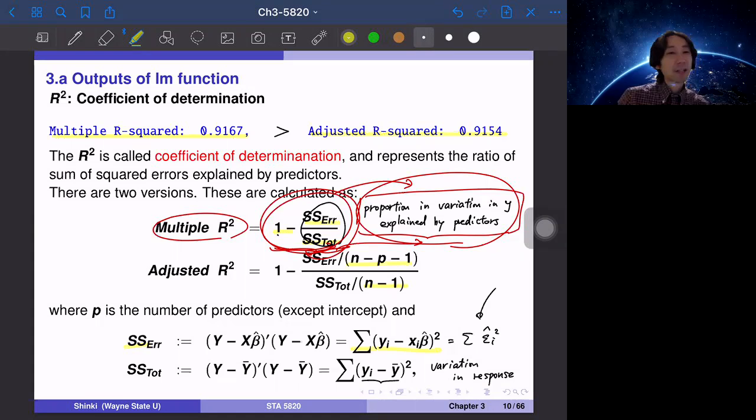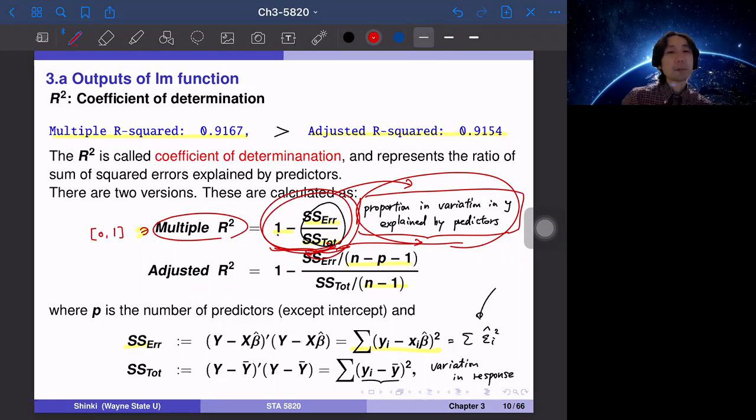Do you have any experience of adjusted R square being negative? At first, the multiple R square is the proportion of variation explained by predictors, so that is always between 0 and 1, maybe the closed interval 0 to 1. How about adjusted R square?